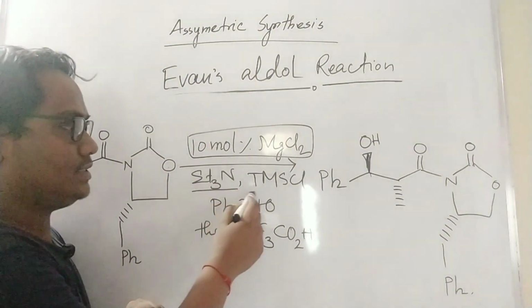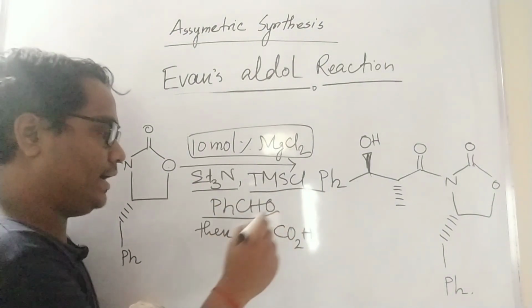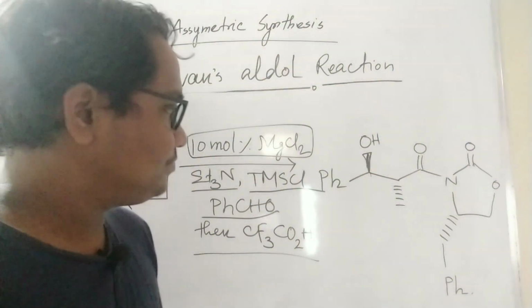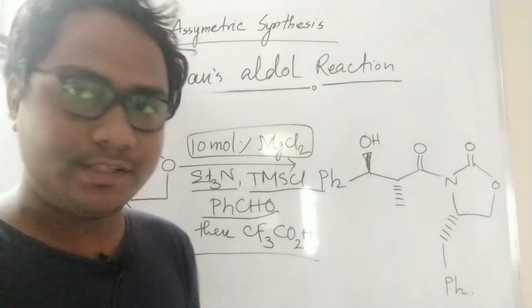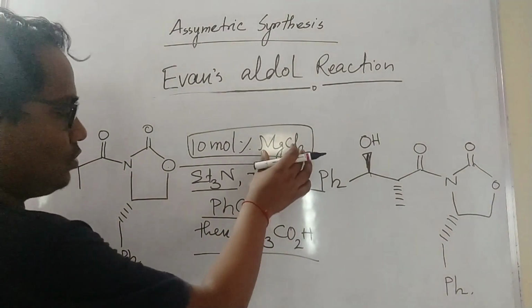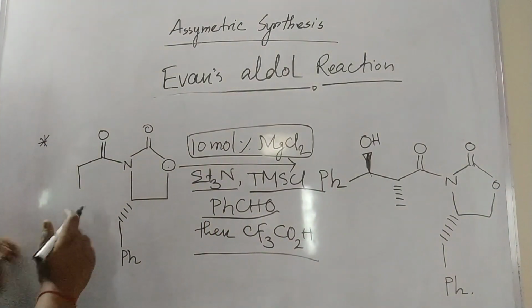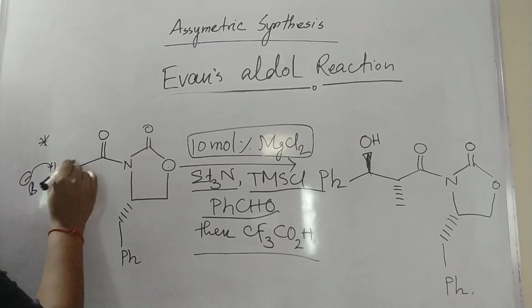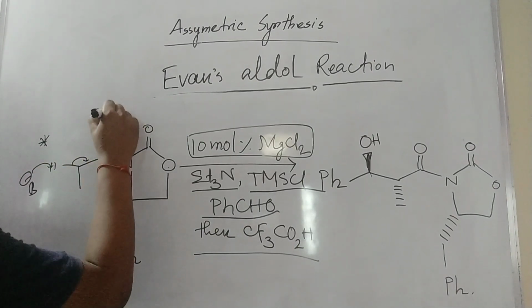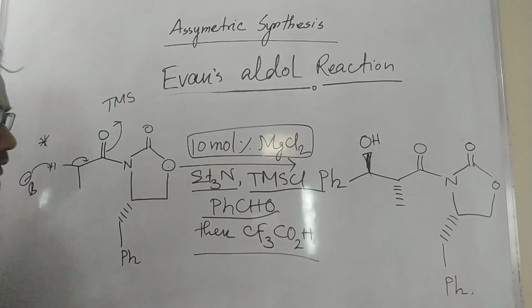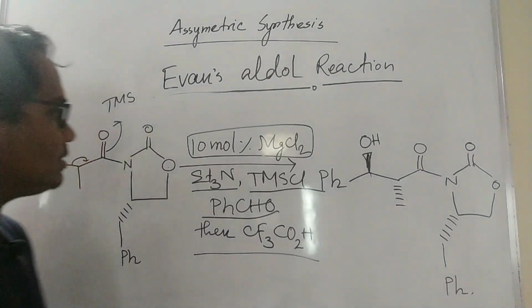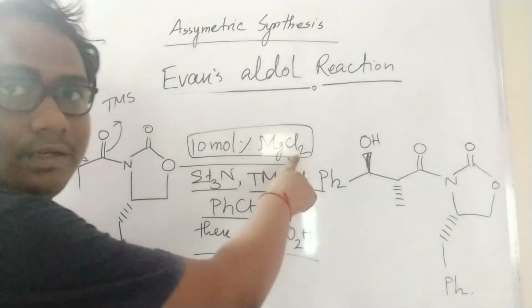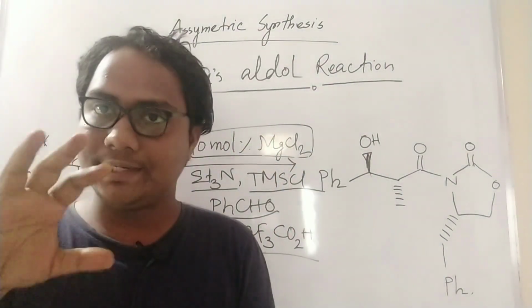This is TMSCl, the protecting group, and this is the aldehyde, and this is what comes after. One very interesting thing: whenever I use this kind of salt and this protecting group, the base will take the proton here, and that will go to be protected by the TMS. And what is the function of this magnesium chloride? That is the very important thing.